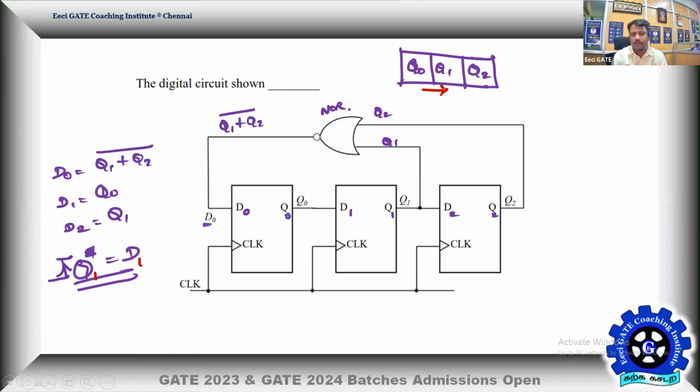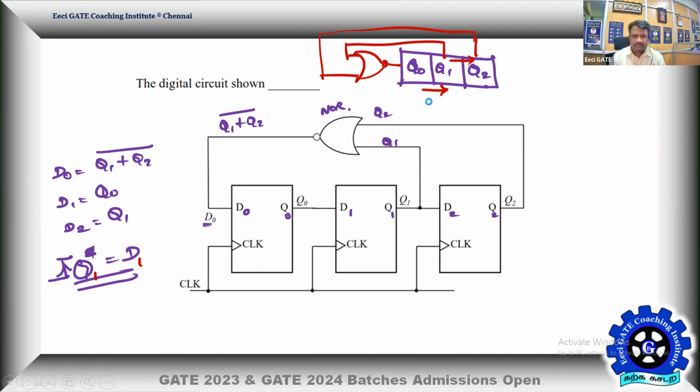Therefore Q0 goes to Q1, Q1 goes to Q2, and Q1 and Q2 combined deliver the data to D0 through a NOR gate. That's how we can pursue the problem.